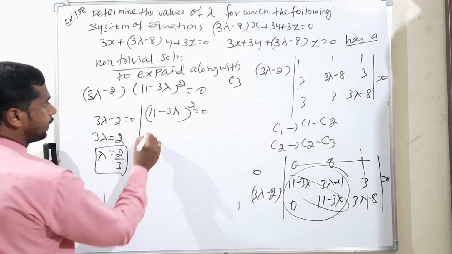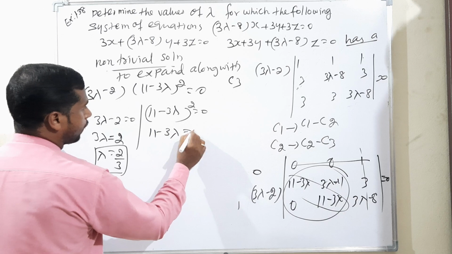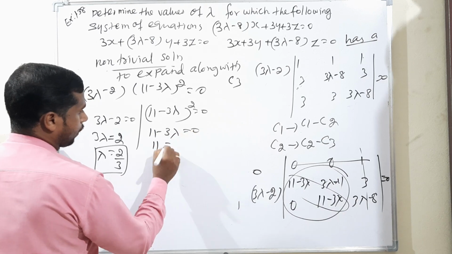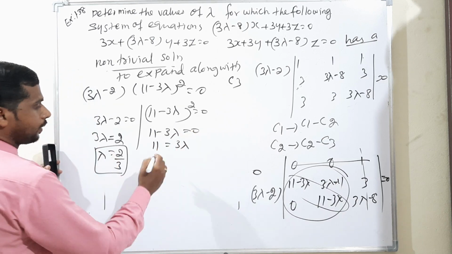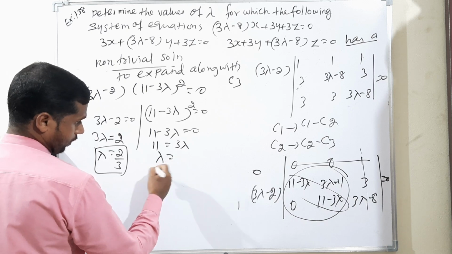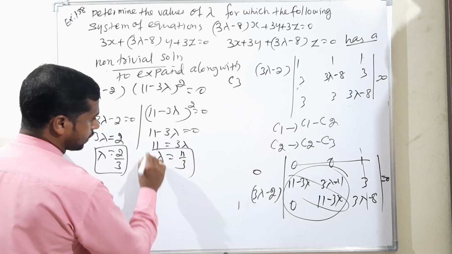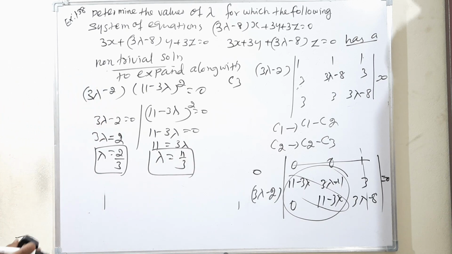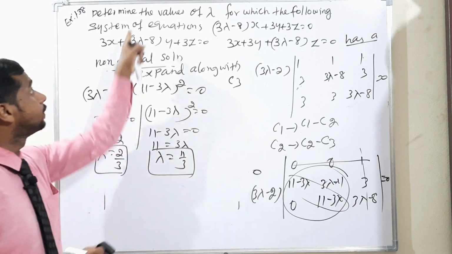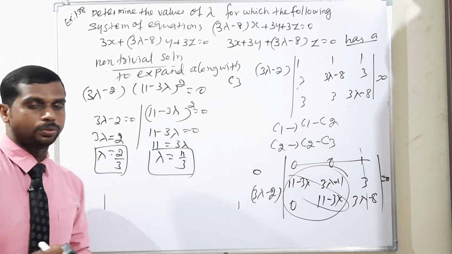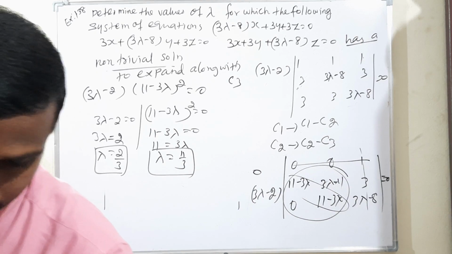That is the first one. Second condition: 11 minus 3 lambda is equal to 0, so 11 is equal to 3 lambda, therefore lambda is equal to 11 by 3. This is also one of the conditions. So to determine the value of lambda we have two different solutions, and this is our final answer.